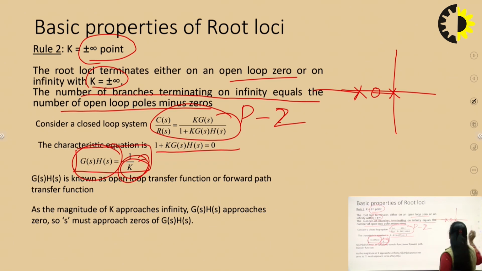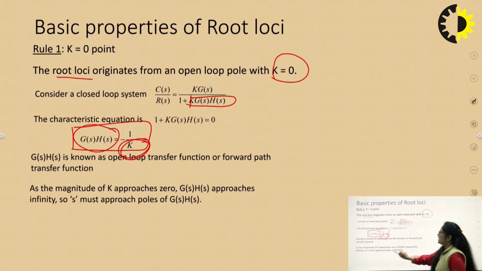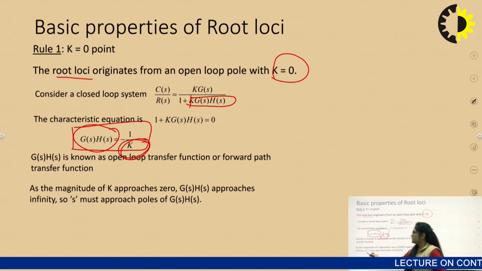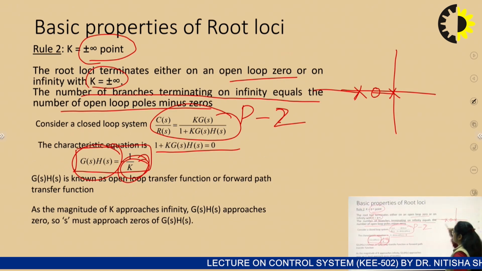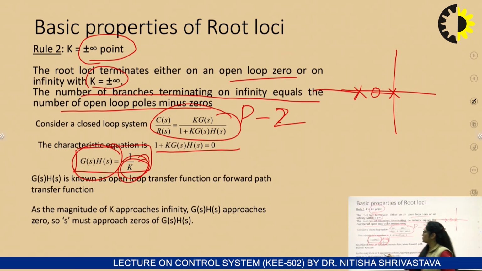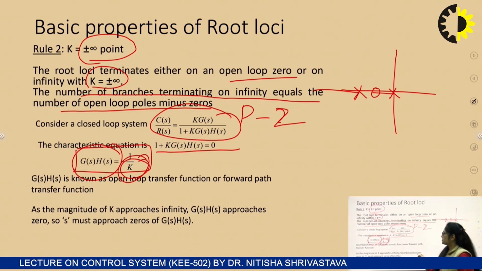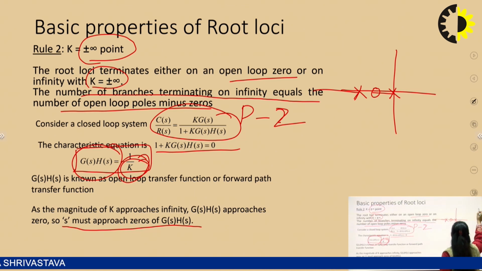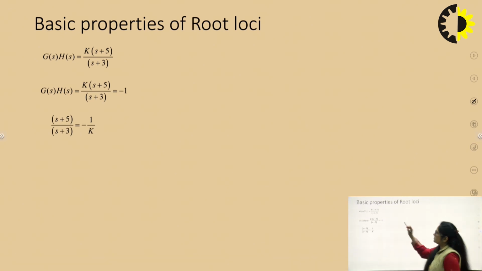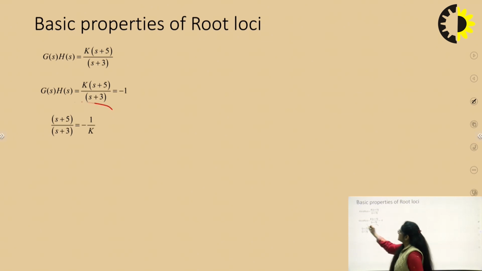Where we were talking about poles, as the magnitude of K approaches 0, G(s)H(s) approaches infinity and S must approach the poles. But in this case, as the magnitude of K approaches infinity, G(s)H(s) approaches 0. So S must approach the zeros of G(s)H(s). Let us look here. This is the condition.